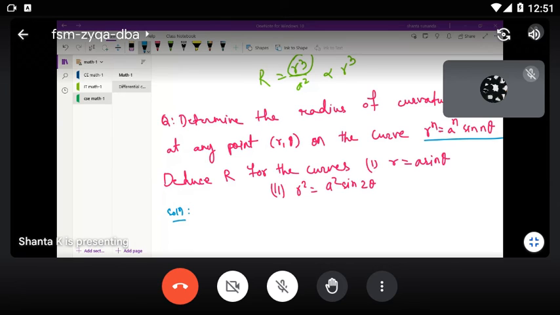Radius of curvature. Can you repeat? Yes, ma'am, a to the power n by n plus 1, whole r to the power n minus 1. Okay. Then you can find for n equals 1, the first one, how much is coming.